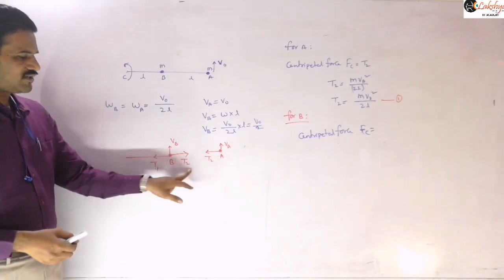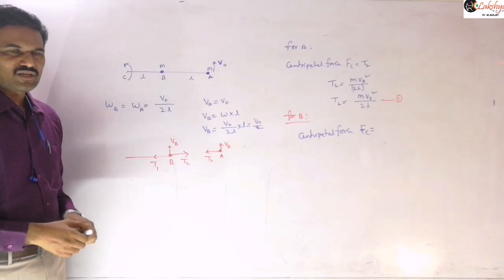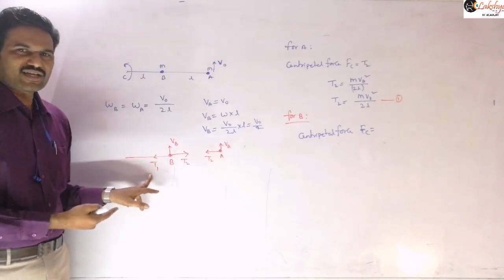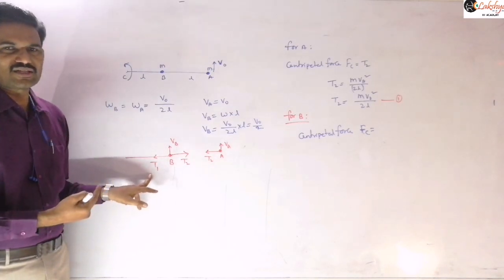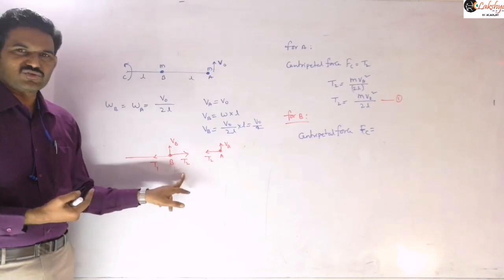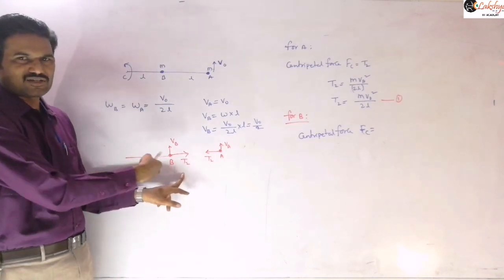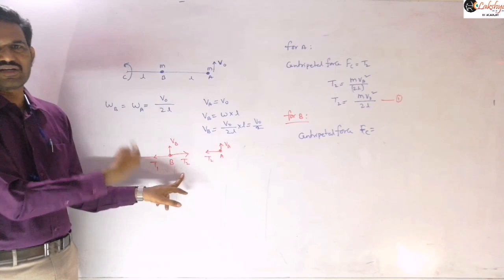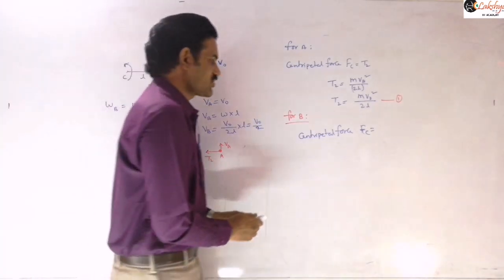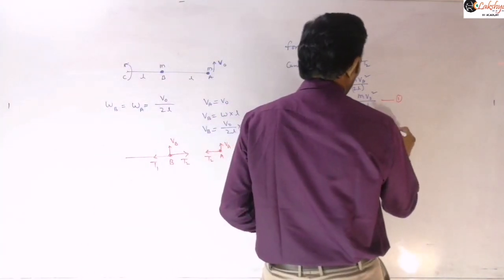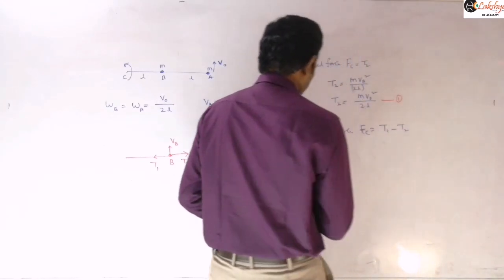So now on particle B, two forces are acting here, and so the net force acting on B along the radial direction is nothing but T1 minus T2, because the net force should be directed towards the center here. So T1 must be greater than T2. And so centripetal force for that case we can write as T1 minus T2.